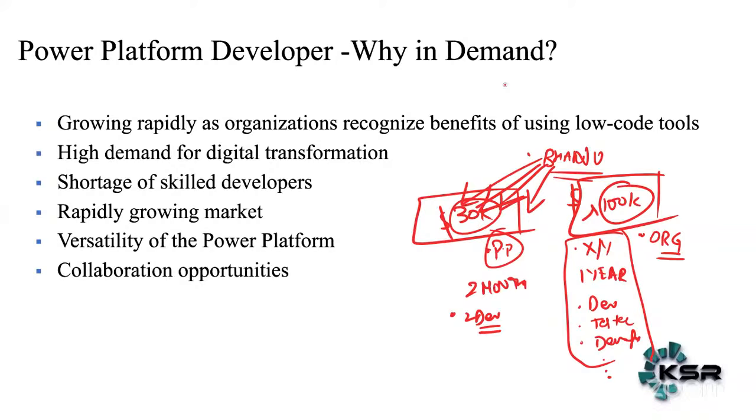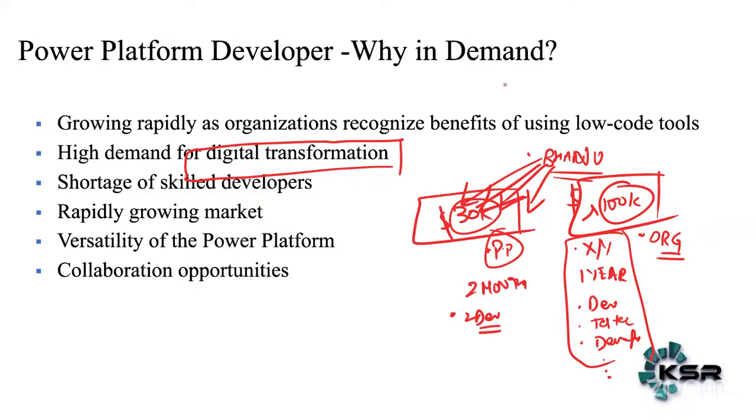Everyone wants to get digitally transformed, whether you are a large enterprise organization, a mid-size organization, or a startup. And one more thing is that there are very few skilled developers in the market. When I say skilled developers, I mean those who have good knowledge of Canvas apps and model-driven apps, and who know how to integrate the products together: how to integrate Power BI in Power Apps, how to integrate Power Automate in Power Apps, how to integrate Copilot with other products.